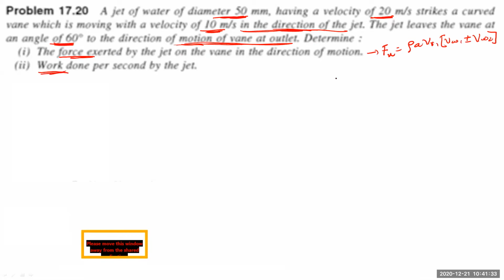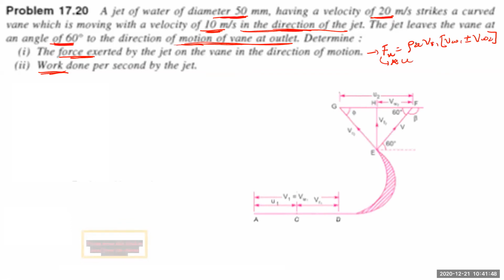Second, it is asking for work done, so you simply multiply this with your U term. First you have to write down all the given data, then draw the velocity diagram. This is your velocity diagram, and the velocity diagram is very important. As I have told you here, let me change the color.